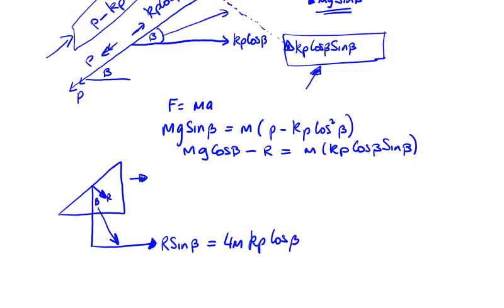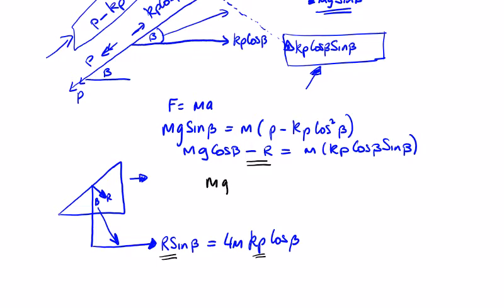So where do we go from here? It's best to eliminate R. We could say R is equal to the guy on the right over sine beta. I think it might be easier to use this one.